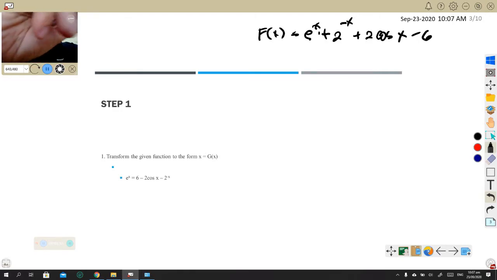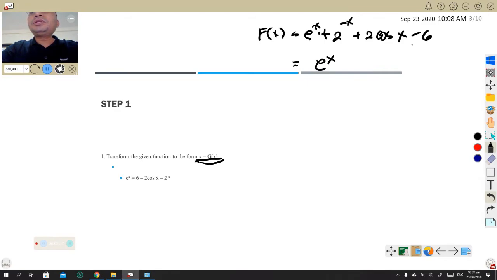Our step 1 requires us to transform the given function into the form x equals g of x. So we need the equation to be transformed into a function of x in terms of g of x. In our first example, we will retain the e raised to x.